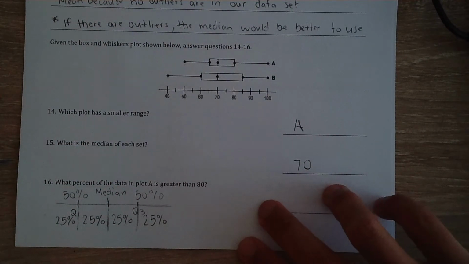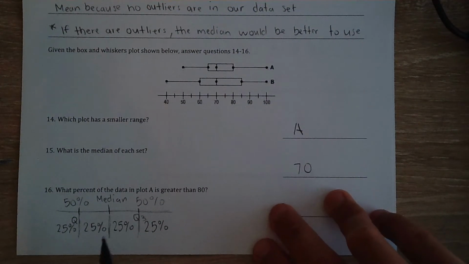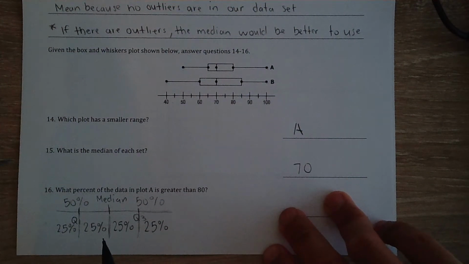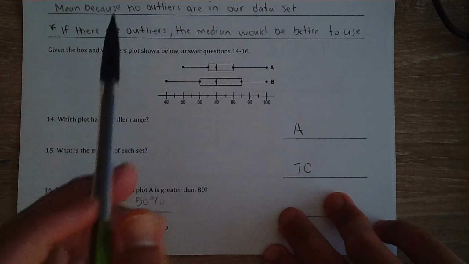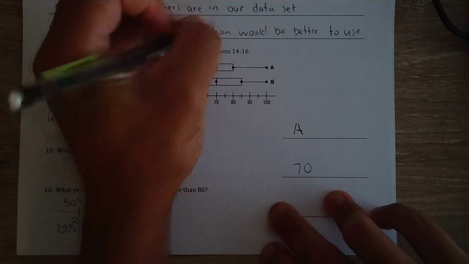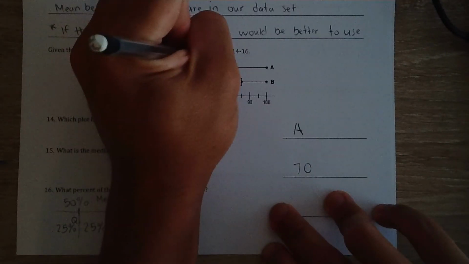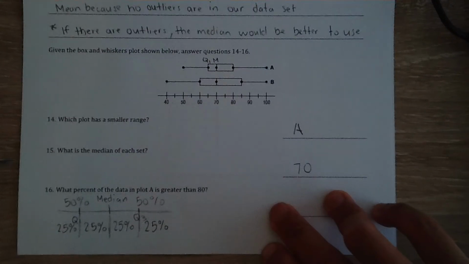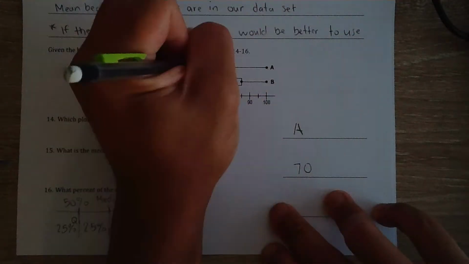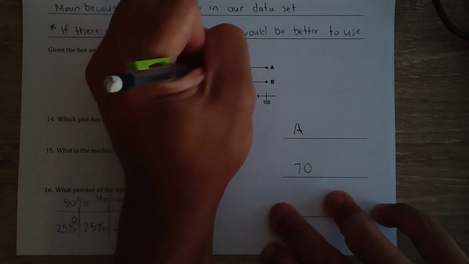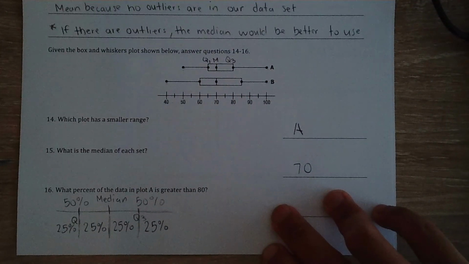So why exactly did I show you guys this? Well, if we look at plot A, our quartile 1, our median, and our quartile 3 are represented by each of these, right? This is our quartile 1. That middle line is our median. I'm just going to abbreviate with M. And then the end of the box is our quartile 3.